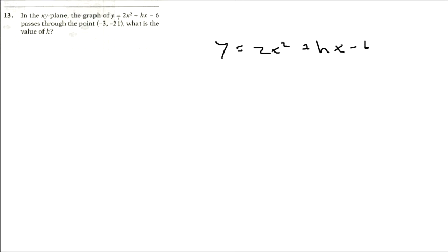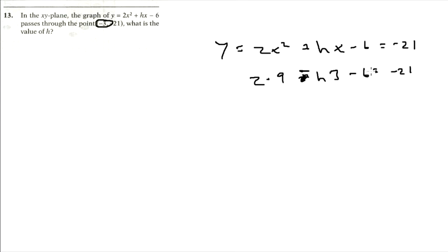They tell you that you get a minus 21 value of y when you take minus 3 here and plug it in here. So 2 times minus 3 squared is going to be 2 times 9, plus h times, or actually we'll just make this a minus h3, minus 6 equals minus 21.